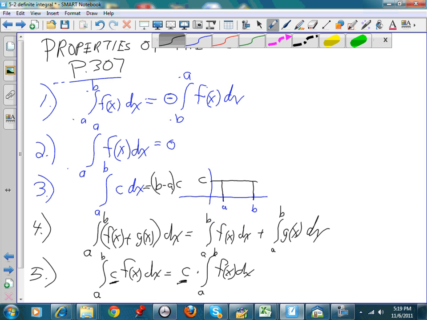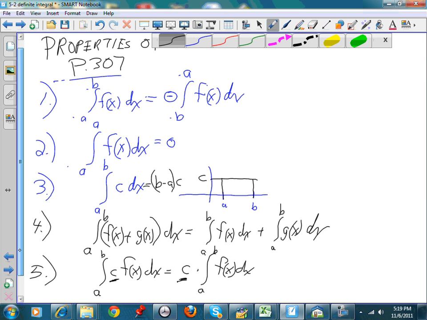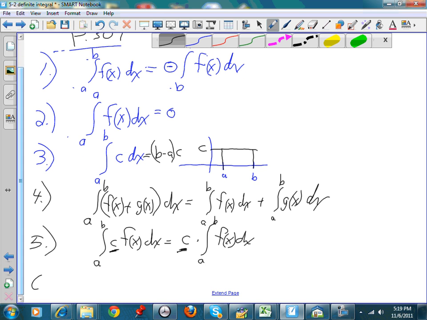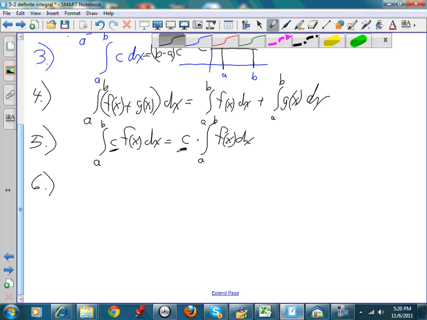Okay, maybe another. We've got to use these properties. Listing them doesn't do you much good. Well, I mean, you've got to see them here. And maybe this is really the last one I'll look at. I'll give you a picture of this. Say I wanted to integrate from a to c of f of x.